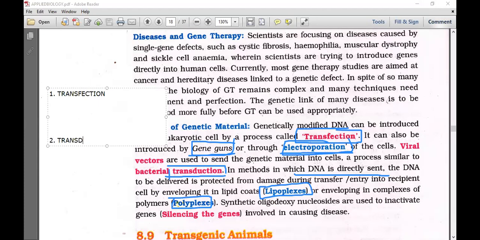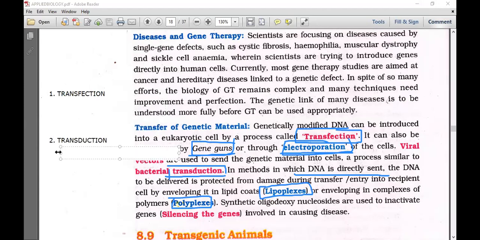By using vectors, it is transduction, insertion, gene transfer, no doubt about that. If you do it with vectors, viral vector or bacterial vector, whatever, when you use vectors, we call it transduction. Directly sending that particular gene inside is transfection.